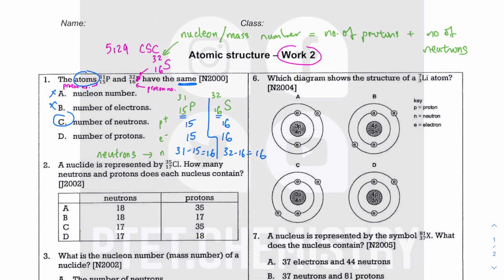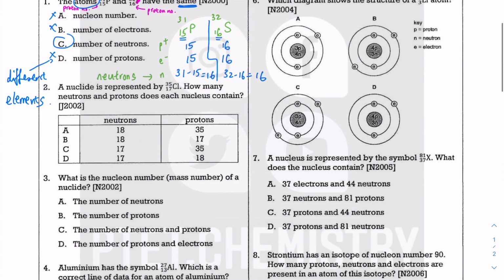Number of protons are not the same because they are different elements. Different proton number means different element. That is what your periodic table is all about. The next one, you have 35/17 Cl. So the number of protons is going to be 17, and if the number of protons is 17, you only have one answer.